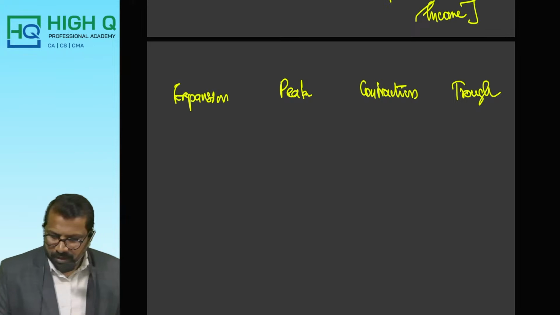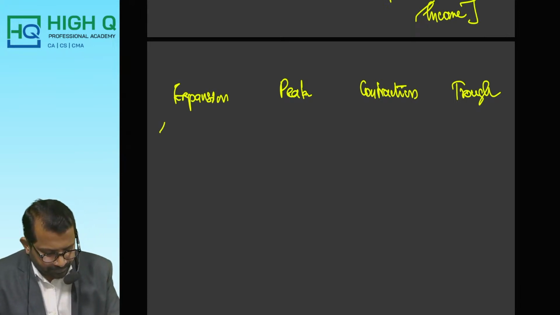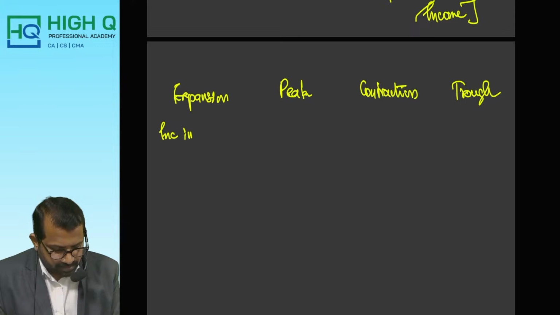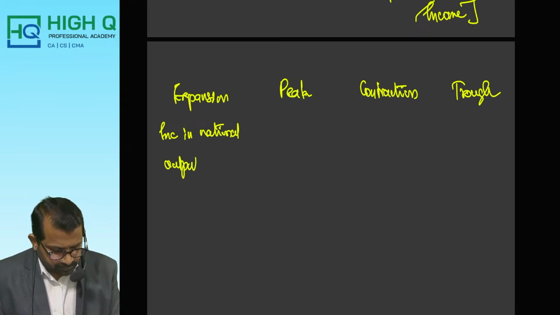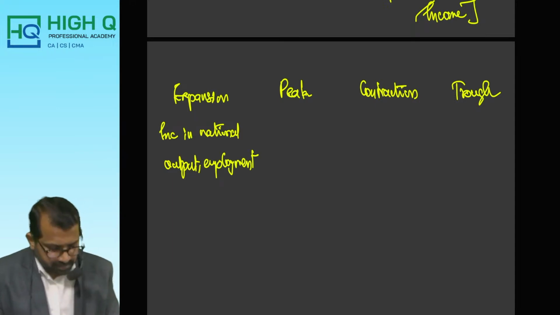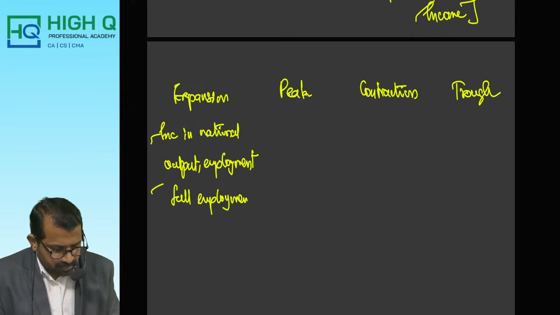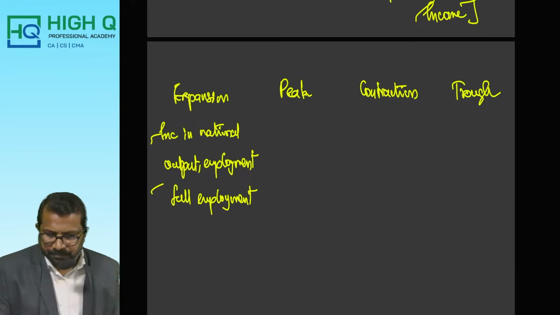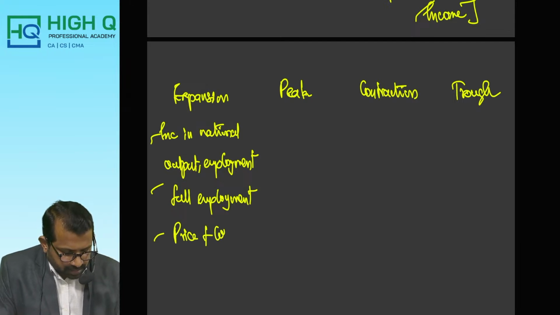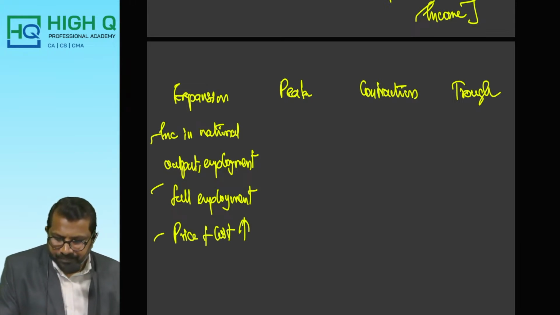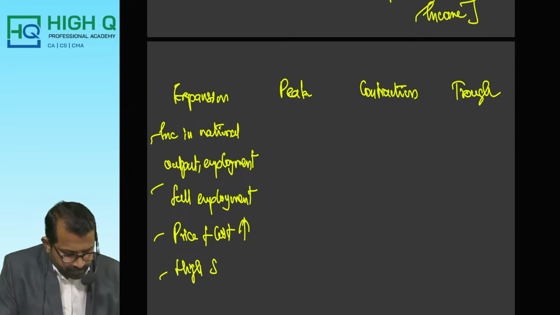In the expansion stage, there is an increase in national output, employment, full employment, price and cost started to rise, and a high standard of living.